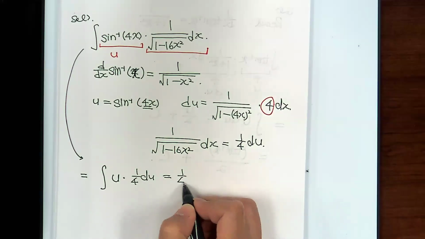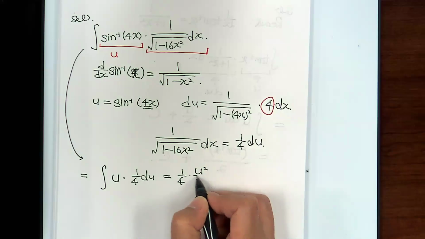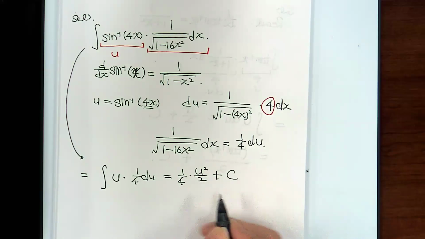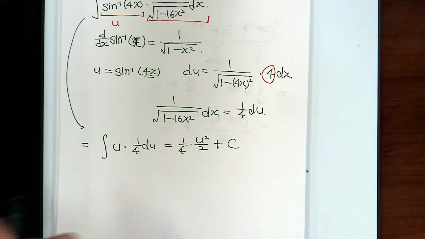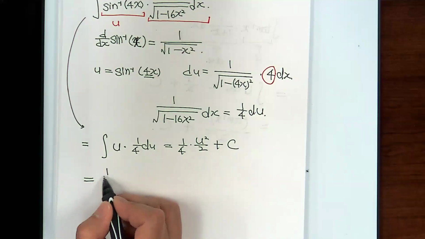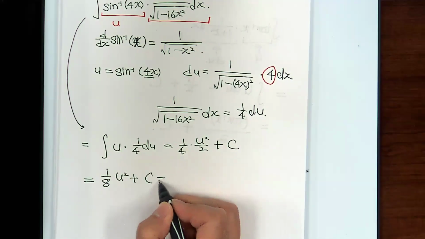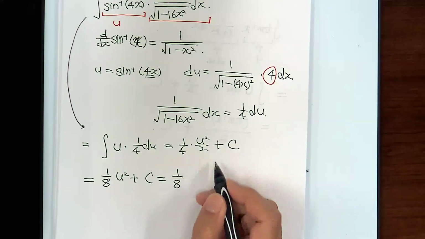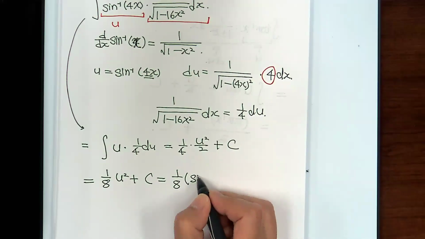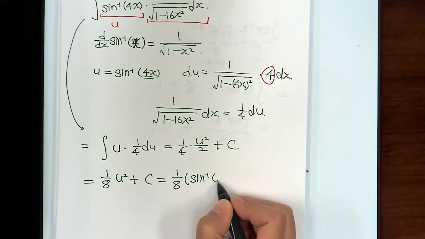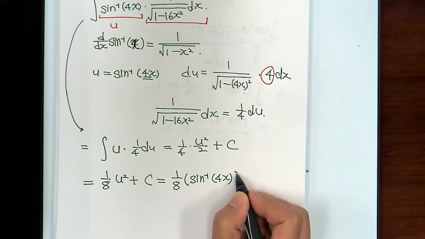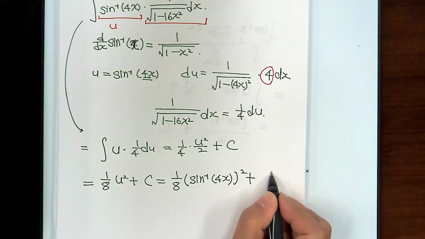So that is 1 over 4 times u squared over 2 plus c. That is 1 over 8 u squared plus c. With u being sine inverse of 4x, that is 1 over 8 times sine inverse of 4x squared plus c.